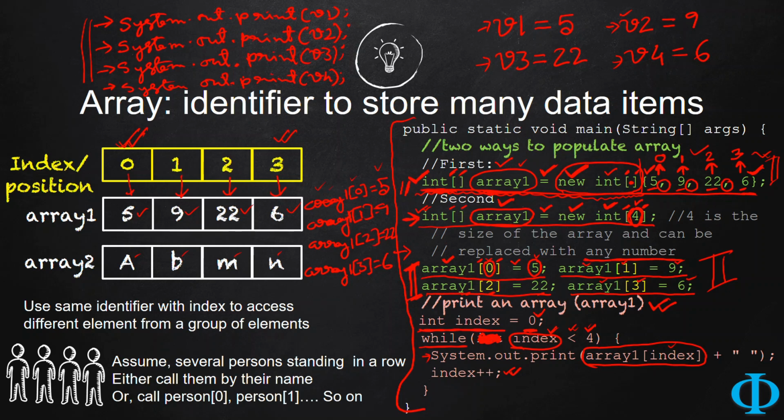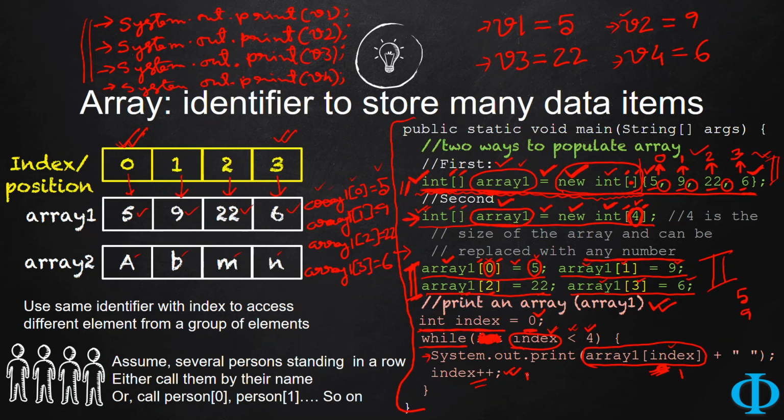So what it is doing is, in the first iteration when the value of index is 0, it is printing the value of array 0, that is 5. Then in the next iteration, when the index value is incremented to 1, it is going to print the value of array 1, which is going to be 9 over here.